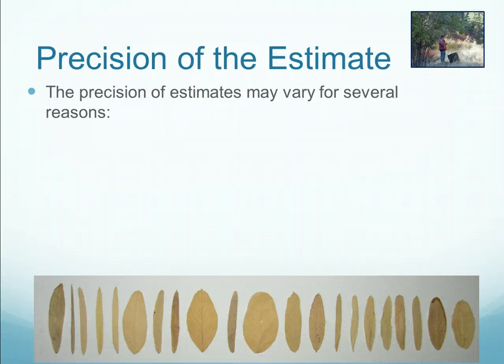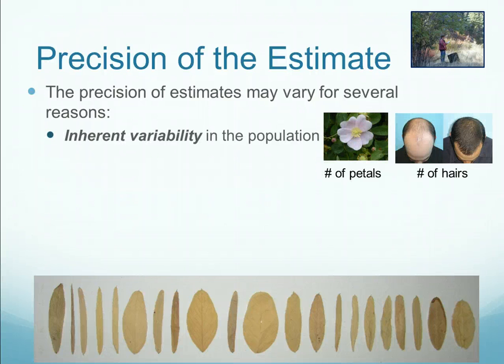When we're reporting the precision of estimates, they can vary for several reasons. First and foremost, the inherent variability of the population. Now remember, when we're sampling, we want to be able to capture that variability in our sampling in order to report that. Some variables assume values that are highly variable and others are relatively stable.